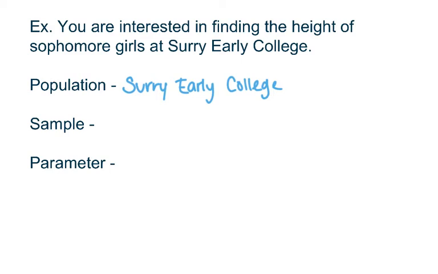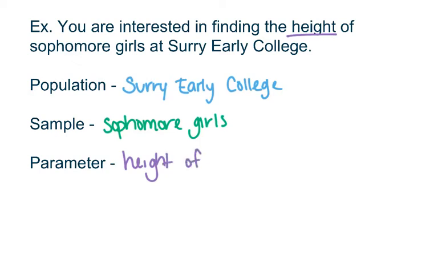Alright, but you're definitely not going to sample everyone. You're just going to sample sophomore girls. And the parameter is the characteristic we're looking for, and we're looking at height of sophomore girls. So that's how you do these.